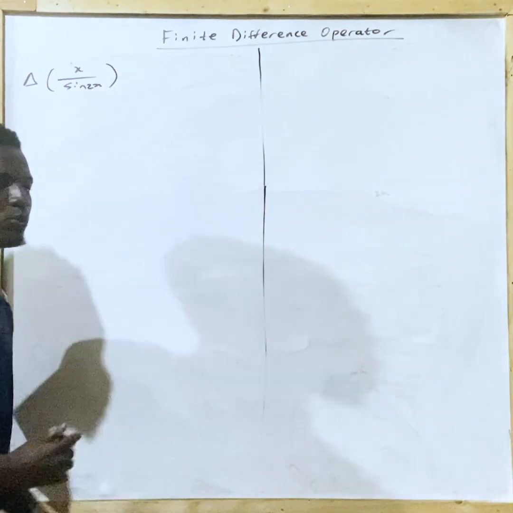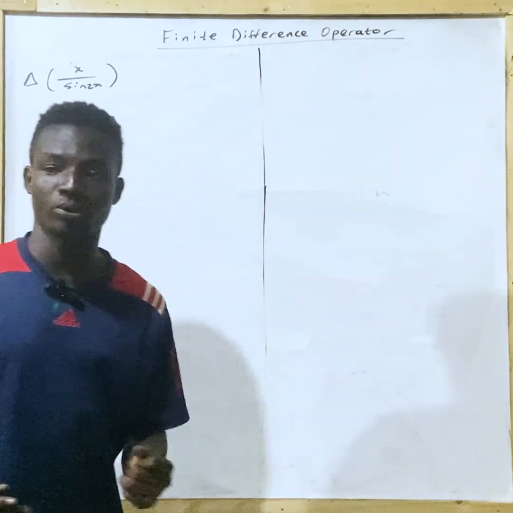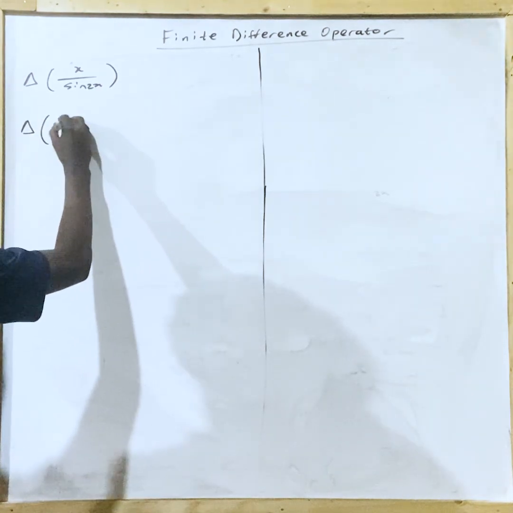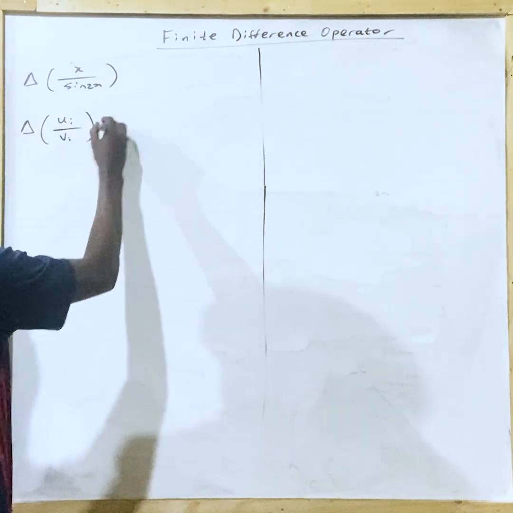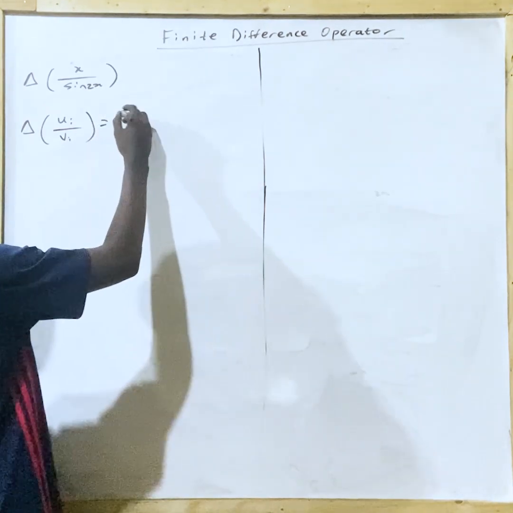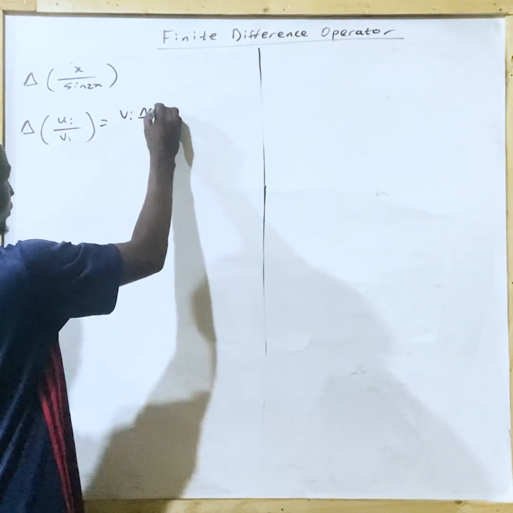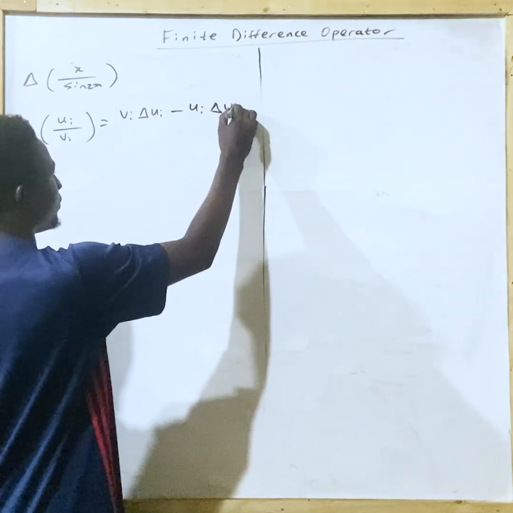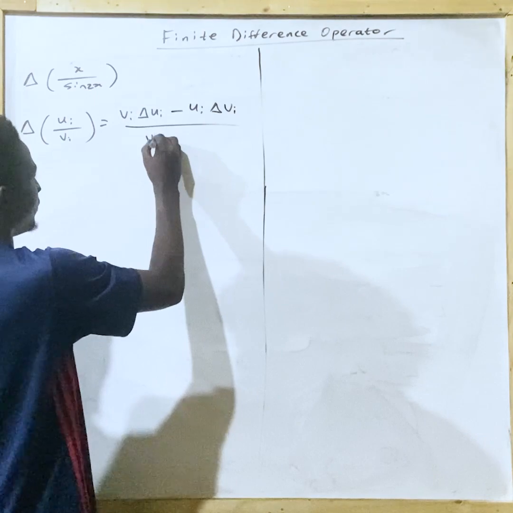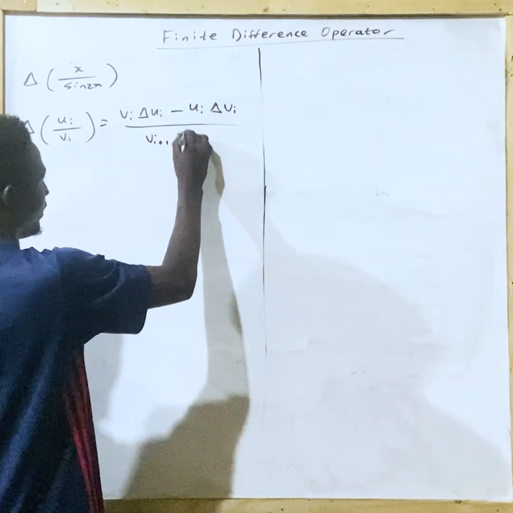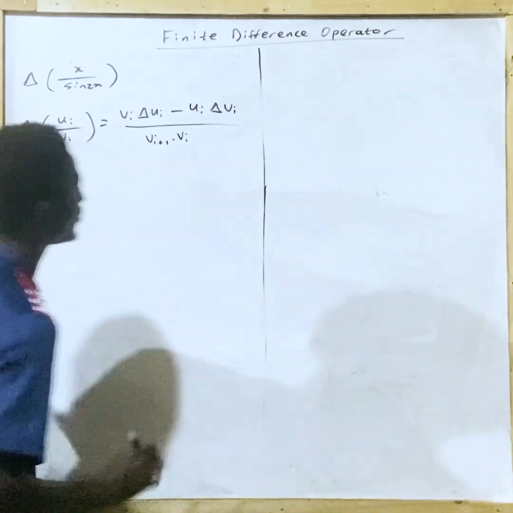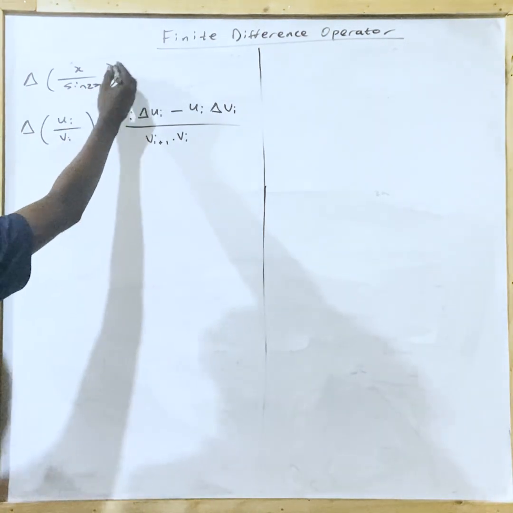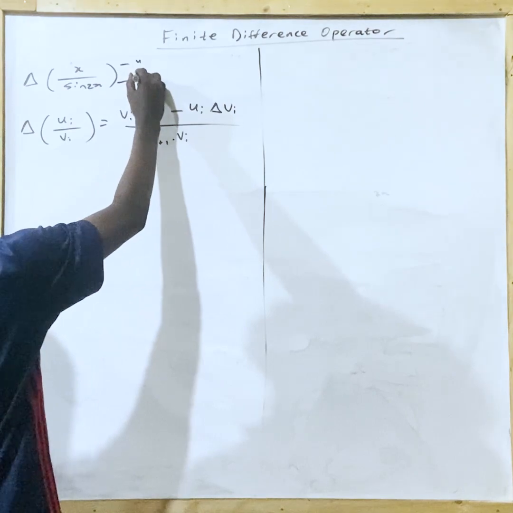If we want to do this, we have to recall the property of forward difference that deals with quotient, and that property is forward difference of ui over vi equals vi forward difference of ui minus ui forward difference of vi over vi plus 1 multiplied by vi. Using this now, x is your u, and sine 2x is your v.